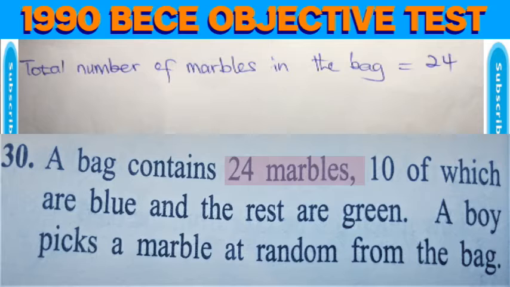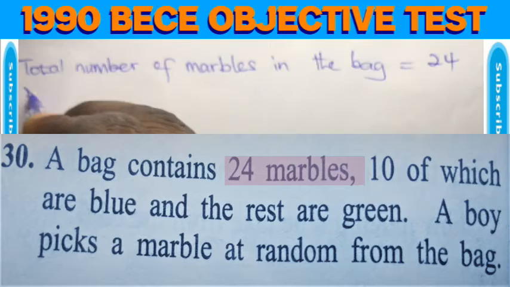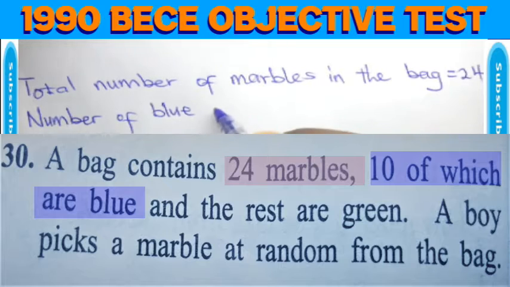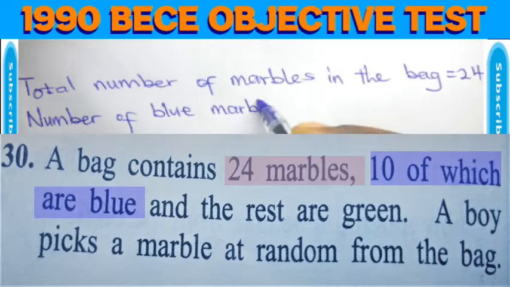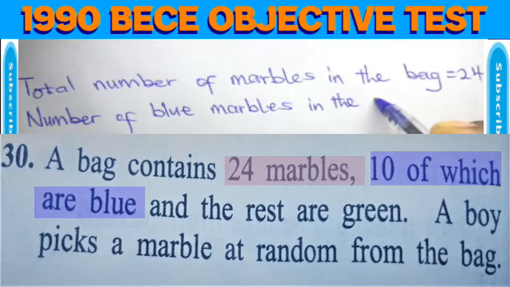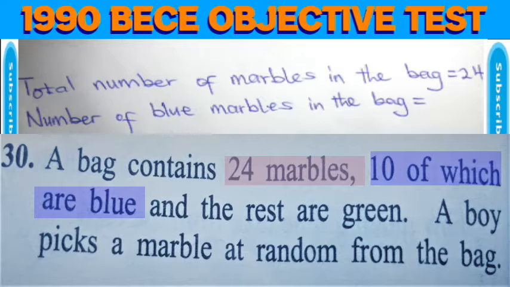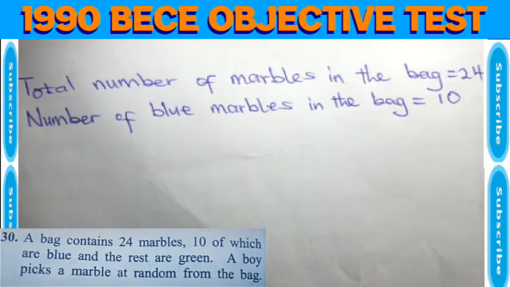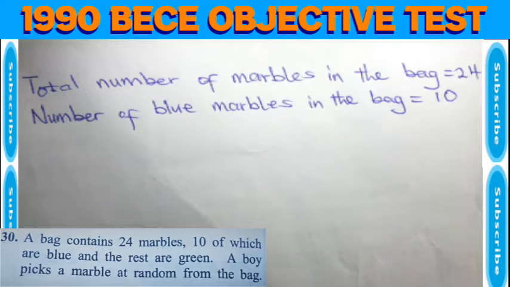And then out of the 24 marbles, 10 are blue. So number of blue marbles, we have them to be 10. So we have 10 blue marbles.